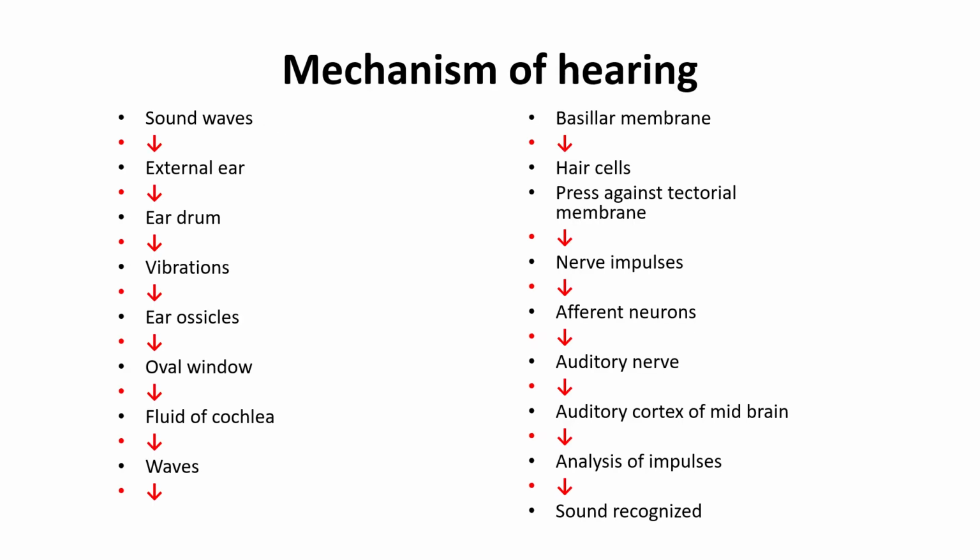Mechanism of hearing: sound waves travel from the external ear, and through the eardrum vibrations are produced, then to the ear ossicles, that is malleus, incus and stapes, then to the oval window, then to the fluid of the cochlea, so waves are produced, and then the basilar membrane, then hair cells press against the tectorial membrane, then a nerve impulse is formed and it is carried to the afferent fiber, then to the auditory nerve, then to the auditory cortex in the midbrain, then analysis of the impulse and the sound is recognized.